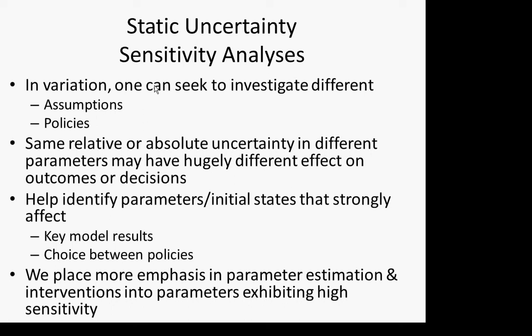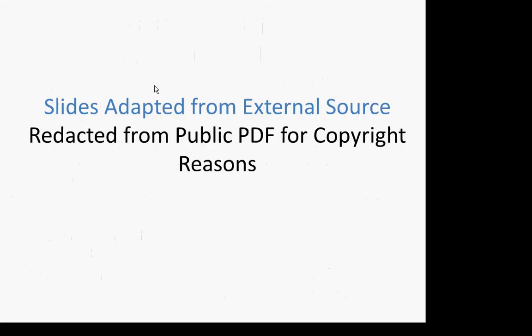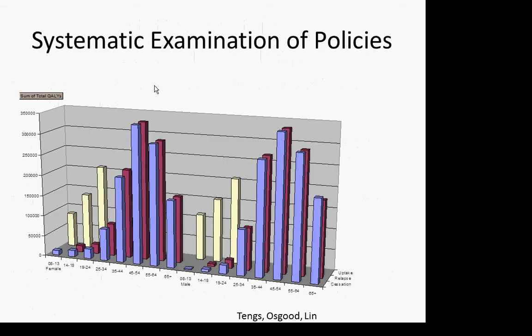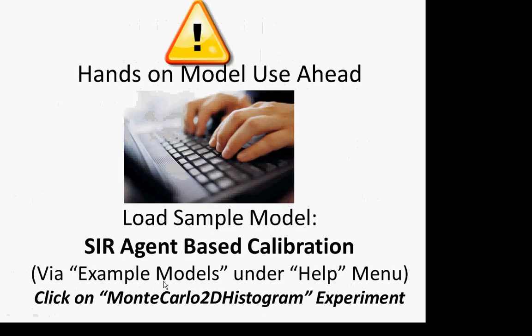Certainly, when we conduct these processes, some of our interests have to do with understanding the impact of different policies. So, for example, systematically examining the impact of policies of undertaking smoking-related interventions on 3 different smoking-related behaviors for different age groups and different sex groups, and examining the output.